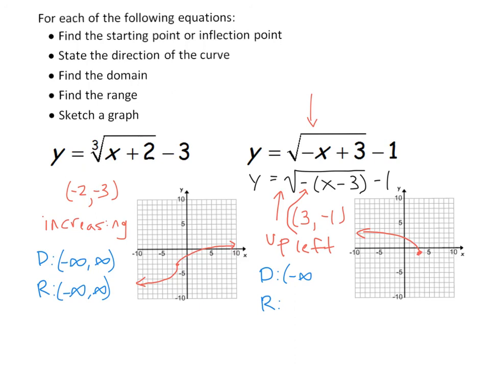And if it's going up, that means the y values are increasing as we go. So for the range, we're going to have infinity on the right-hand side because it's going to go up to infinity. Again, bottommost to topmost, leftmost to rightmost.